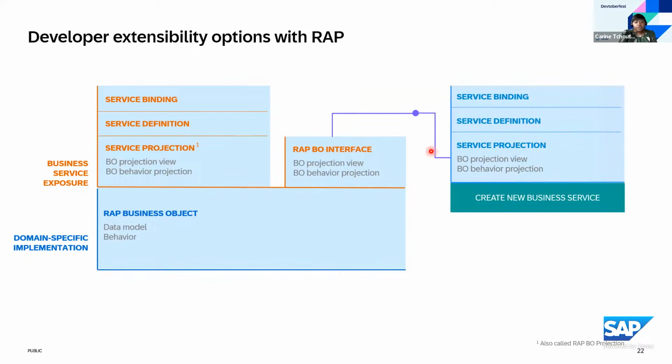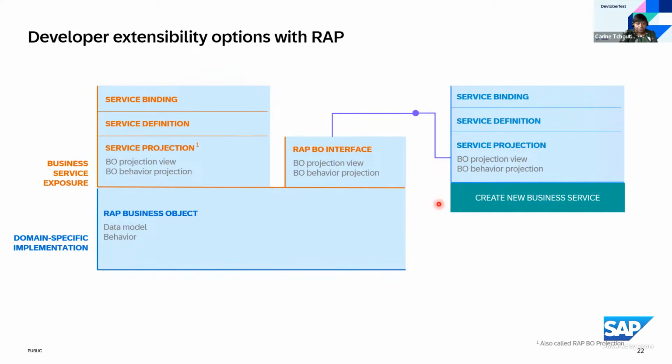Here we have different scenarios, like, for example, creating new business services. It can be from scratch, so that you define your own RAP business objects and build your applications depending on your business application requirements. But you can also expose and enrich a released RAP business object interface.